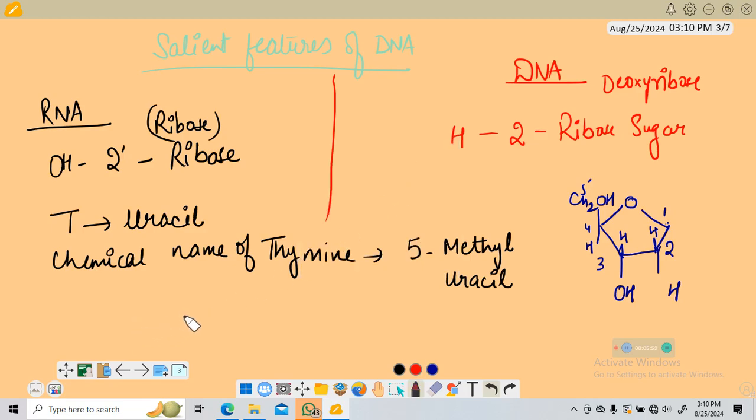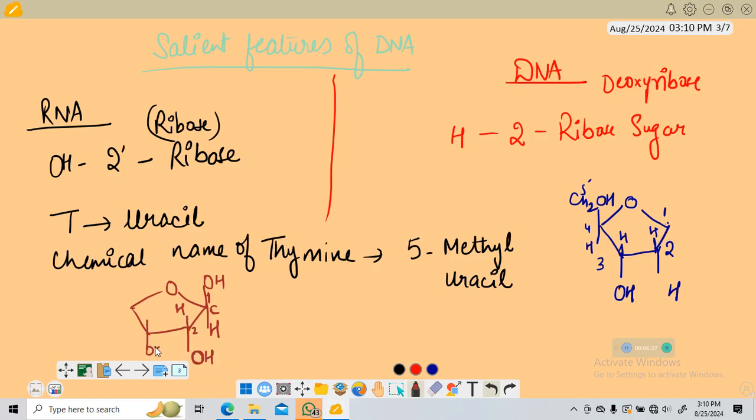Now if I talk about RNA, everything will be the same. Number one carbon will be like this, OH, H. Number 2 carbon, H. Here comes OH.